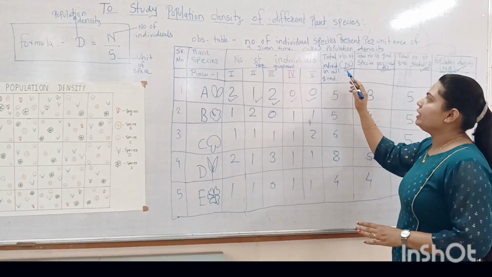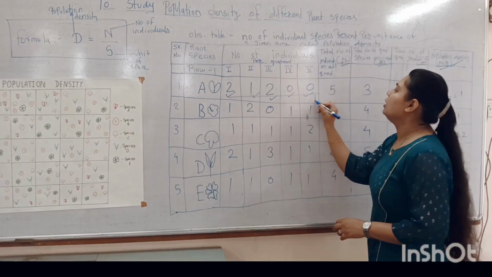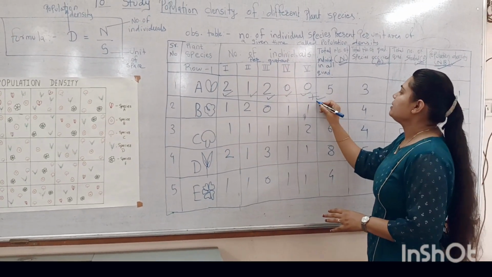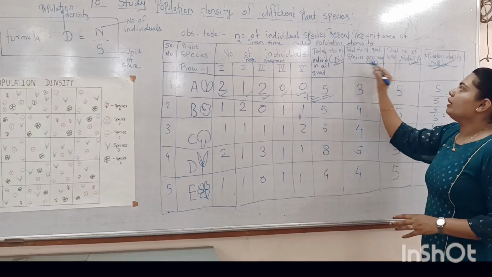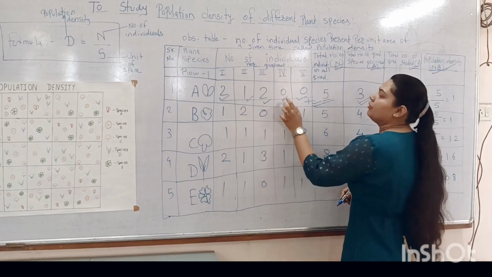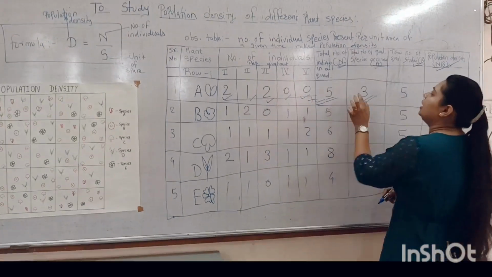Now the total number of individuals in all quadrants is the summation of all the numbers of individuals, which is 5. The total number of quadrants where the species occurred is only 3, because the fourth and fifth are 0. So 3 is your count.